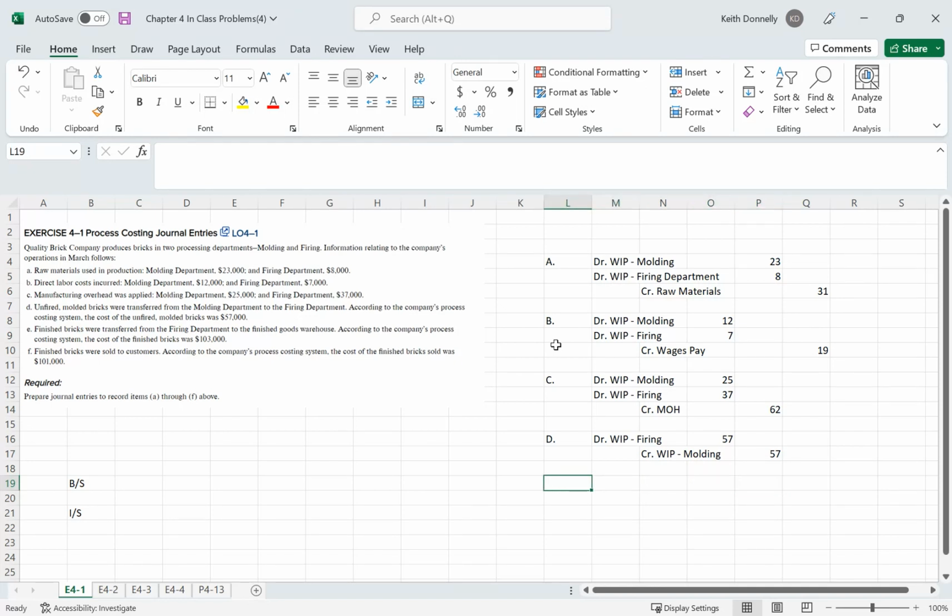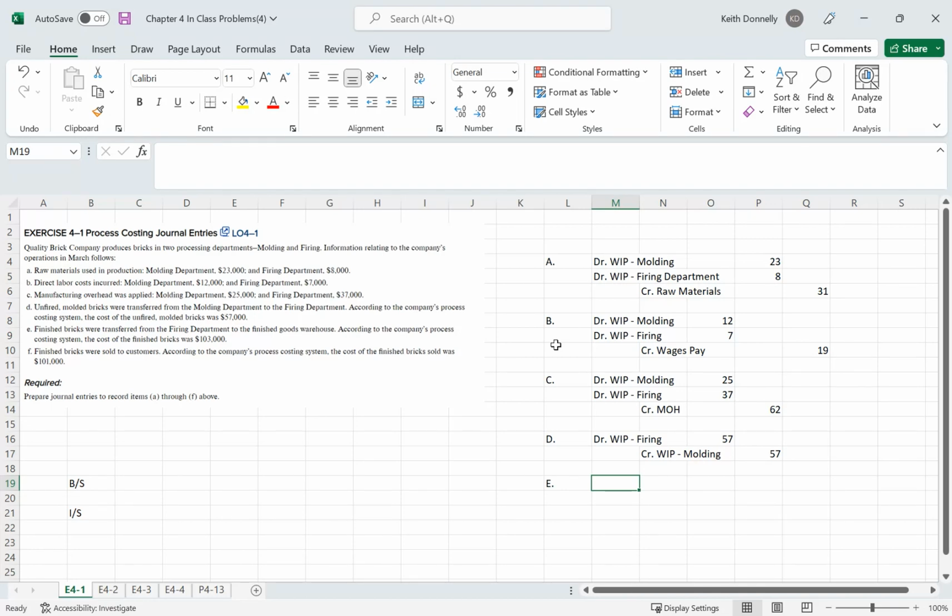E says finished bricks were transferred from the firing department to the finished goods warehouse. According to the company's process costing system, the cost of the finished bricks was $103,000. So now what's happened is we brought some stuff into the firing department. At the same time or later on, we took items out of the firing department.